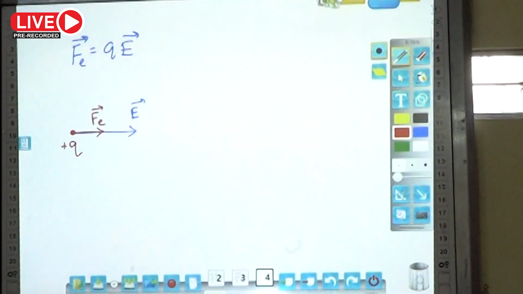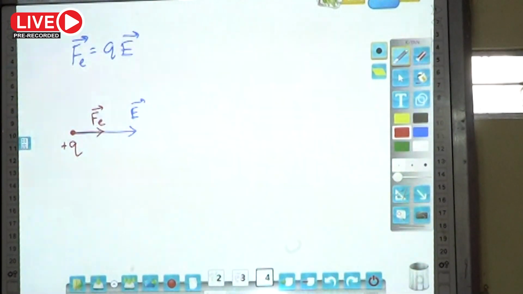Force and field on a test charge are represented by the same line, because force is felt by the test charge and field is created by the source charge, but both are along the same line. So you can call either field lines or lines of force.